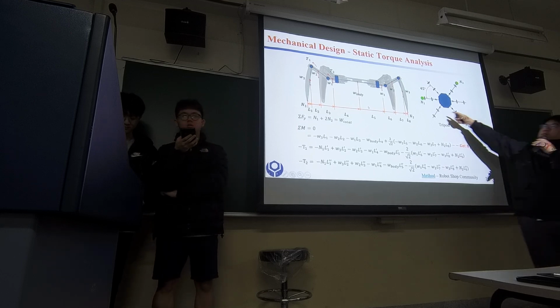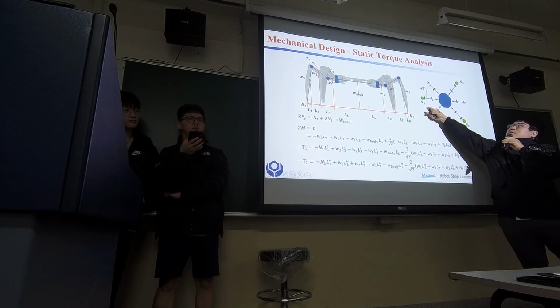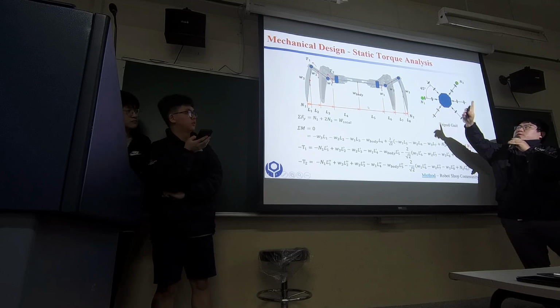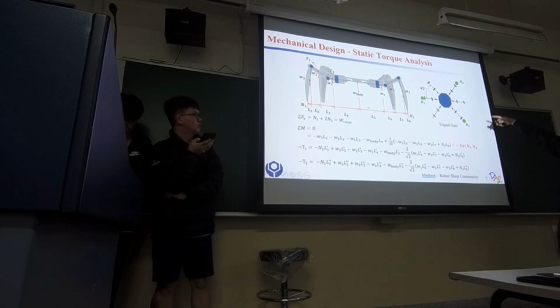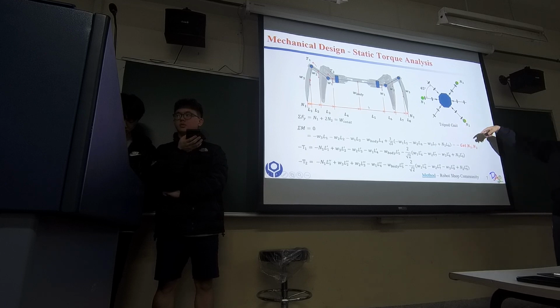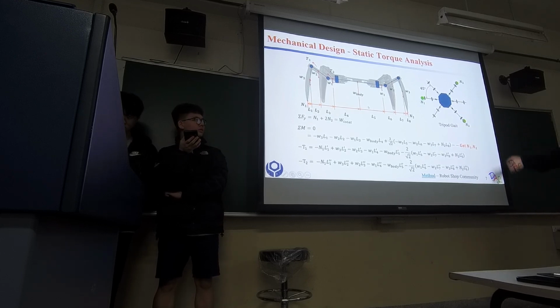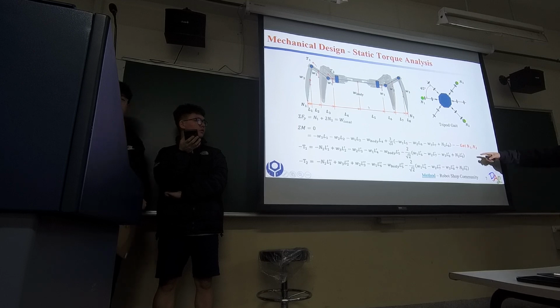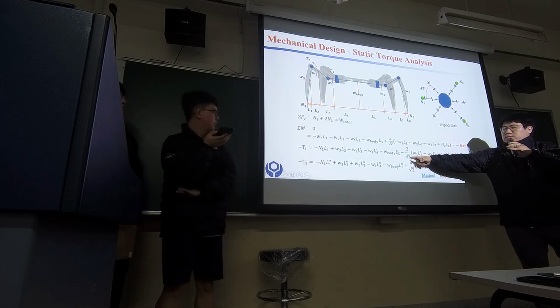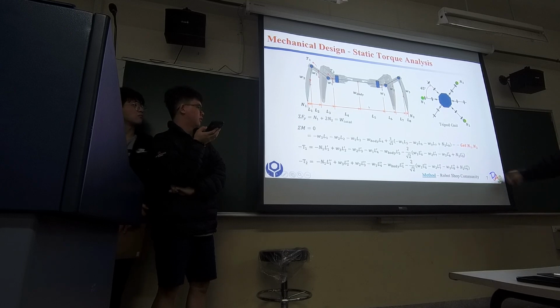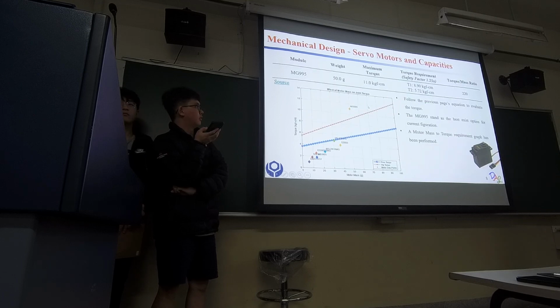On the left side of the robot, every time there will be 1 support, and on the right side there will be 2 supports. Also every leg is separated by 45 degrees. So you can see right here we need to balance it with trigonometry.